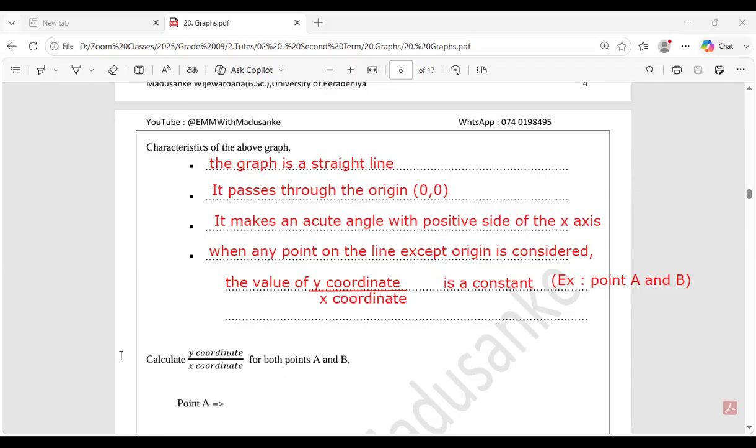So below you calculate y coordinate and x coordinate for both points A and B. Please calculate it for point A here, and point B down there. Please do it. I have given it earlier for you.